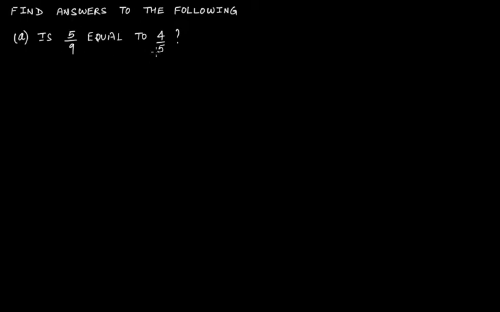Once we compare it, then we can tell whether this fraction is greater than or less than or equal to this fraction. So the basic thing that we have to do is to compare it. Now if you take these two fractions, the first one is 5 by 9 and the next fraction is 4 by 5.